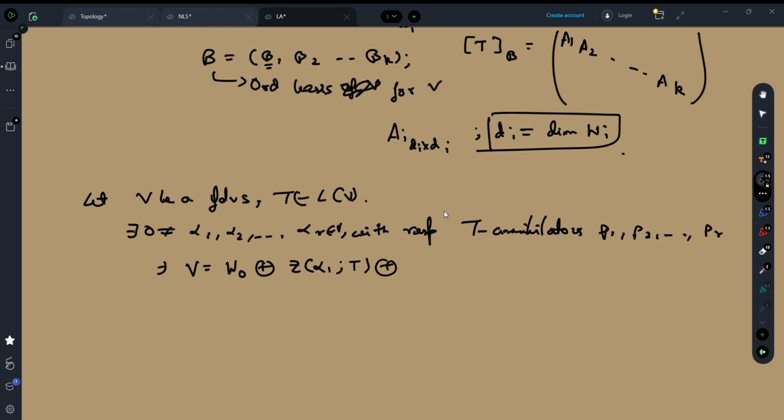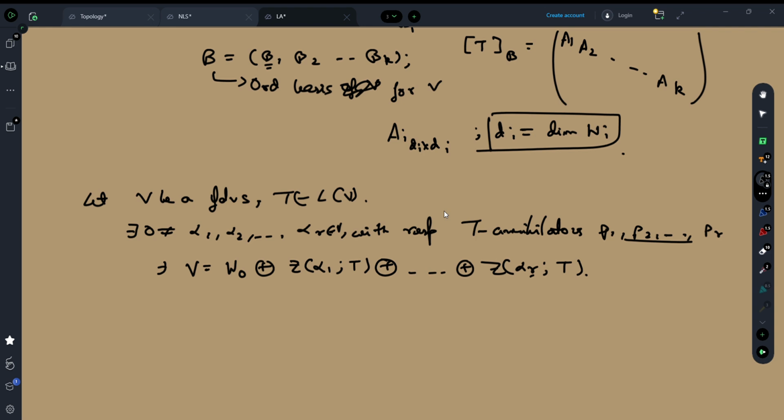So this is merely the cyclic decomposition theorem, and it also speaks about this representation being unique in terms of the integer r and these T annihilators.